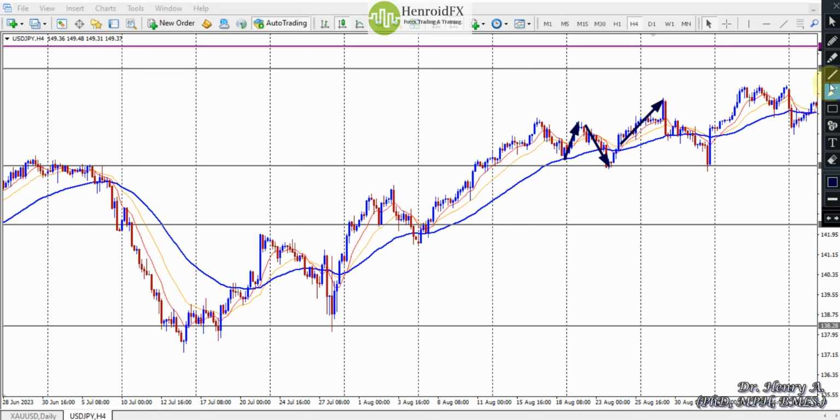Maybe you entered at this point here, and then your stop loss is at this point here. Good. Adjust here to here, and then your take profit 1 will also be around here, and take profit 2 can also be around here, so on and so forth. So it's as simple as that.